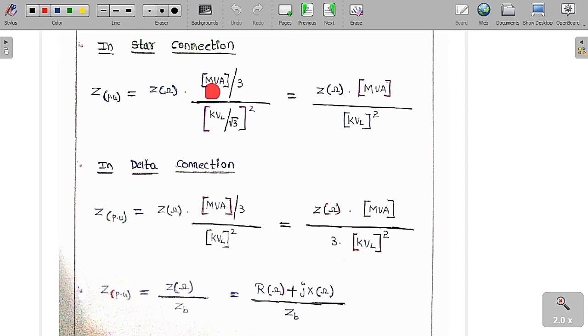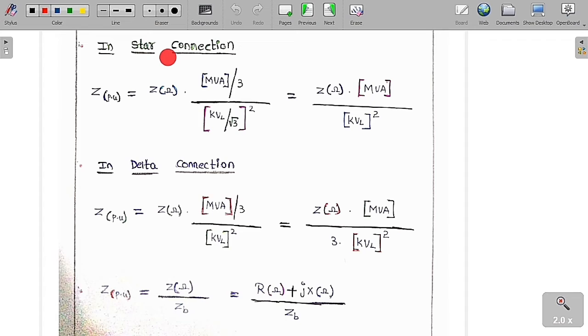So in the star connection, Z per unit is equal to Z into the per phase values. What is the per phase power? Per phase is MVA overall by 3, and per phase voltage is nothing but line voltage by root 3, whole square. If you solve this, we get the same thing, Z into MVA by line voltage whole square.